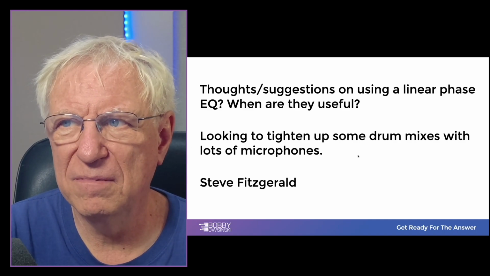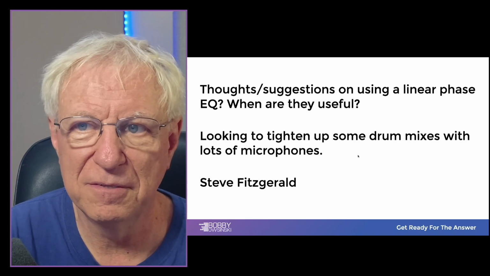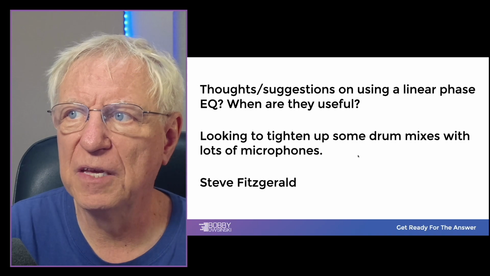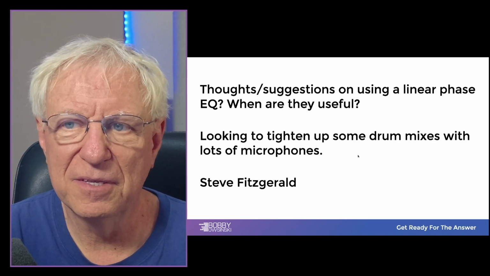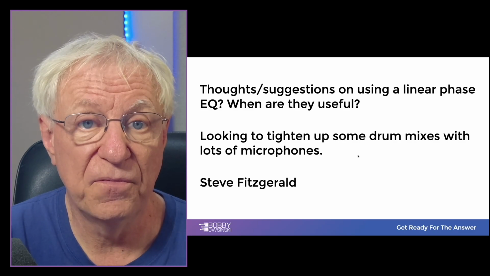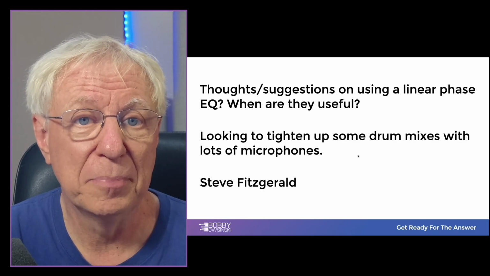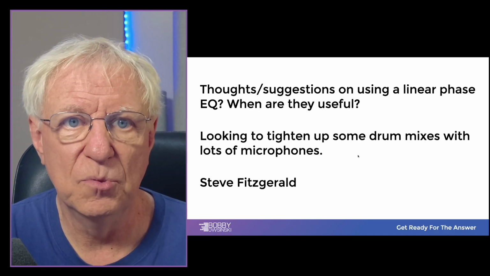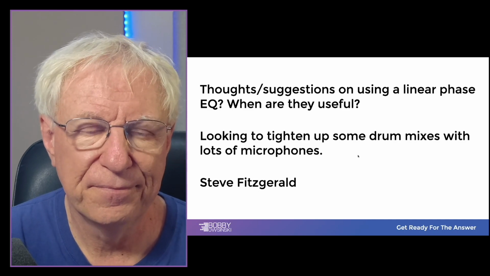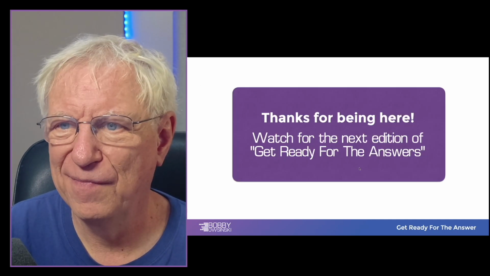But that's not going to help you tighten up the drum mixes with lots of microphones. Really, you're thinking that this is going to help the phase, and it's not. The only thing that's going to help the phasing on your drum mics is proper setup, proper placement, and spending a lot of time on placement, and that will do more for you than any kind of fix afterwards. Attempted fix, I should say.